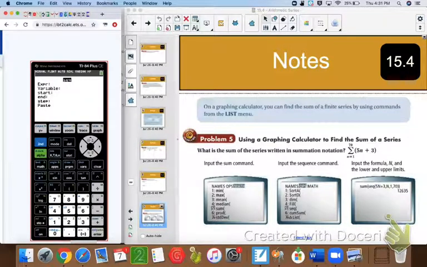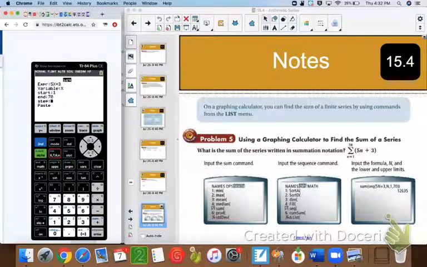Okay, and on this one it asks you for the expression first, so ours we want to do 5n, oops, I guess I have to do it on here. So 5, we'll say x, plus 3, the variable is x, and then where do you start and where do you end? You start at 1, and you end at 70.